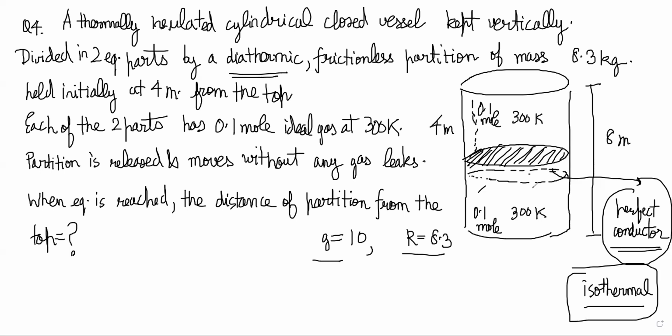You can do gas law now, right? Let's say the thing has settled here at a distance of x. Initially, what was PV? It was nRT.